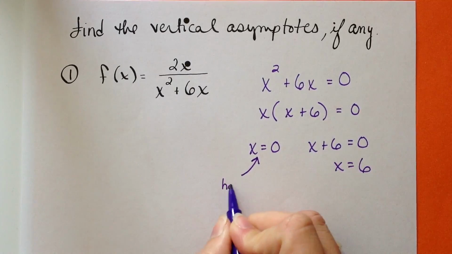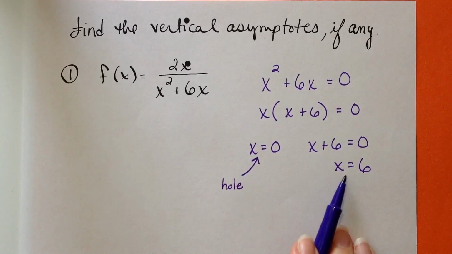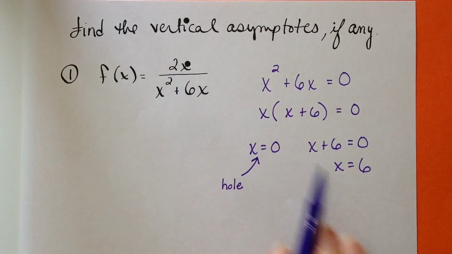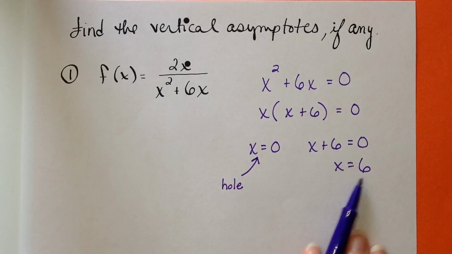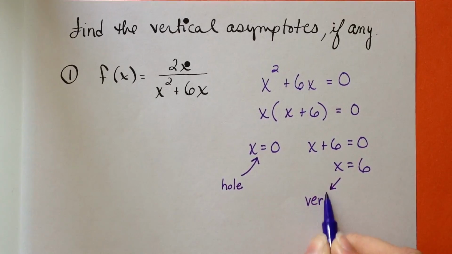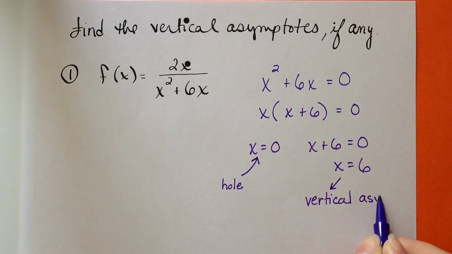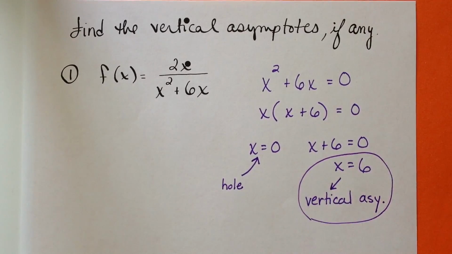But as I told you a while ago, really what that means is there's a hole in the graph. Okay, x equals 6. So you do 2 times 6, you get 12. So again, as long as you don't get 0 in your numerator as well, then this will be your vertical asymptote. So when you're checking your answer, the only thing that you're going to see is just x equals 6.